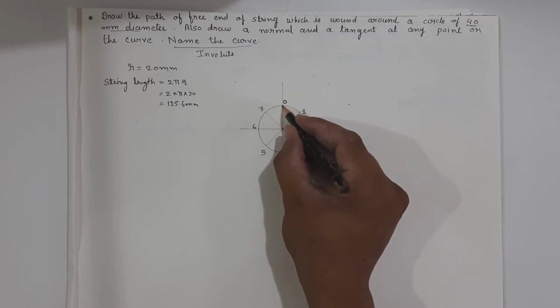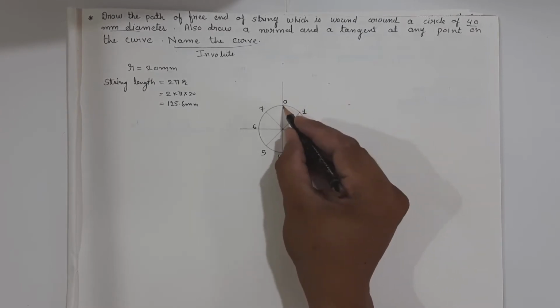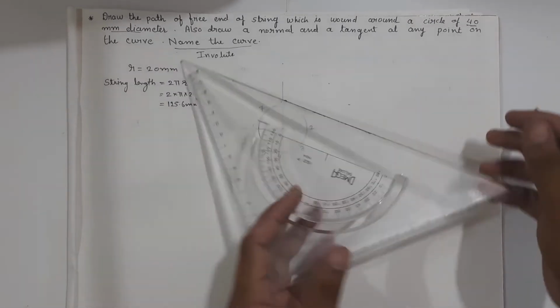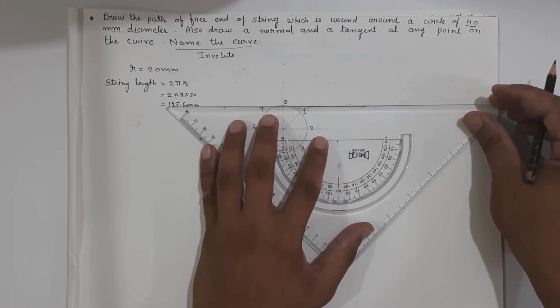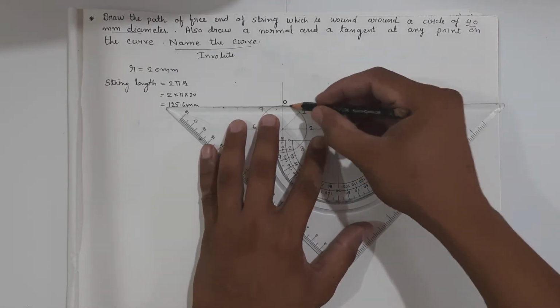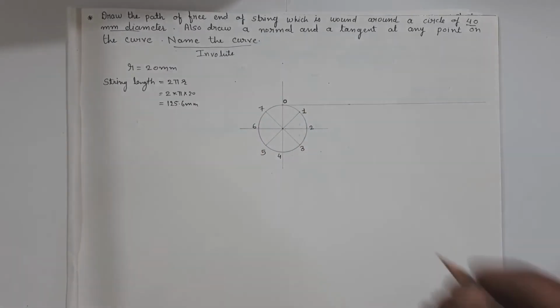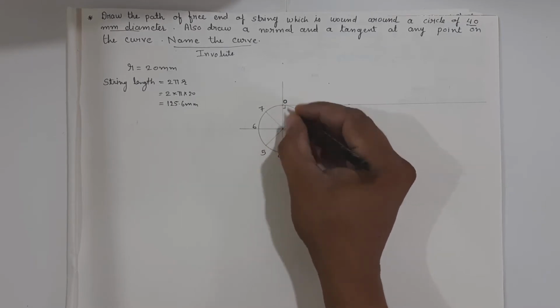Over 0 this will be the normal to the circle, and we have to draw a tangent. That means we have to draw a line perpendicular to this line from 0 point, which gives us the tangent. So first of all draw a tangent like this, perpendicular to this diameter of the circle.